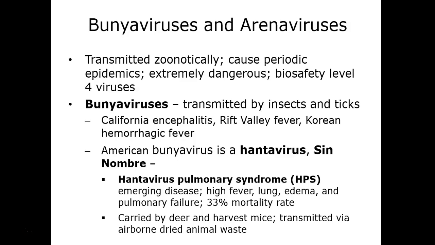So you get massive edema and swelling, which ultimately leads to pulmonary failure. The instances of shock and death are greater than 30% in cases that are acquired. We know that it's zoonotic, and its origin is from deer and harvest mice, transmitted to humans via the animal waste, the fecal matter.